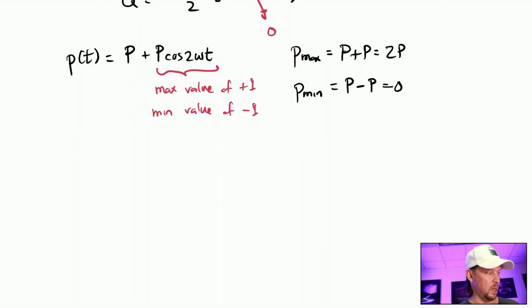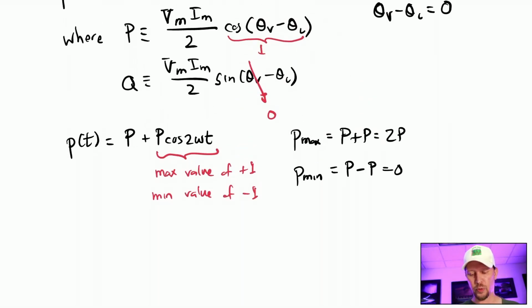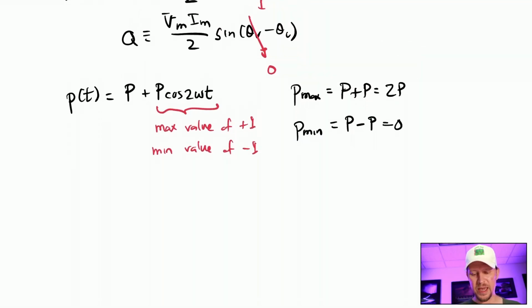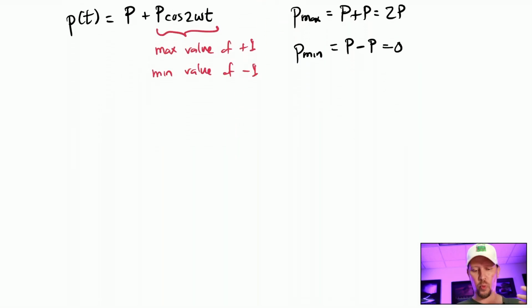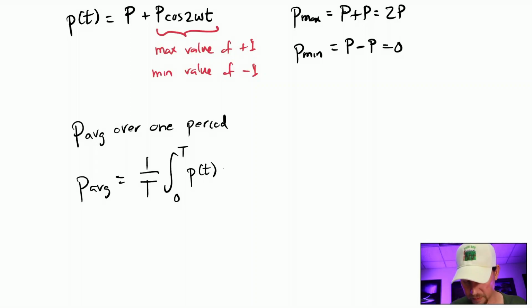On top of that, one thing that's also worth noting is that if we're dealing with a sinusoidal source, the average power over one period for a resistive load would be the integral from 0 to T, with 1 over T multiplying the power itself.